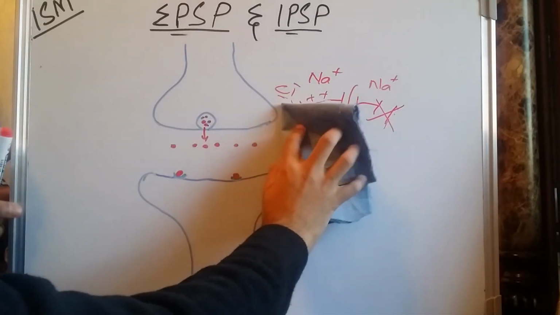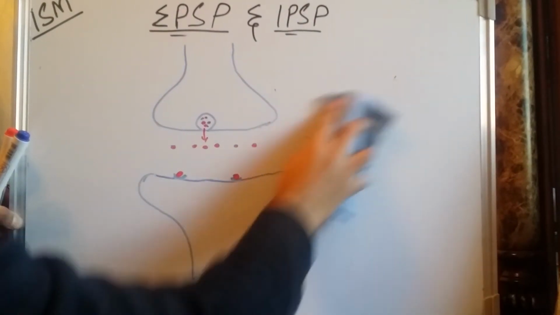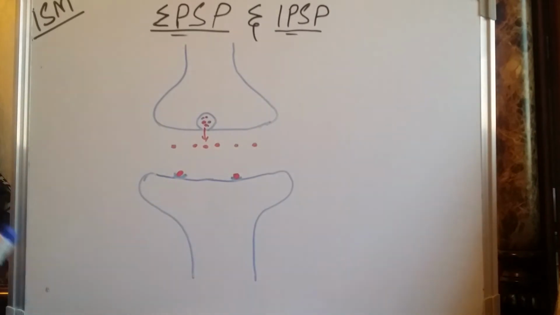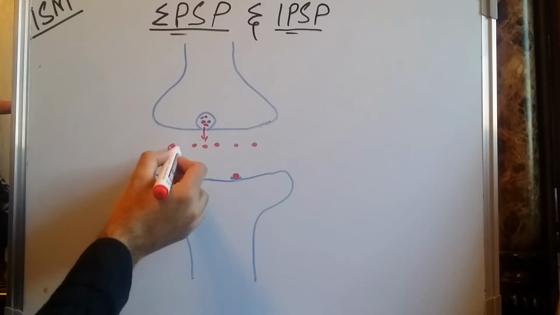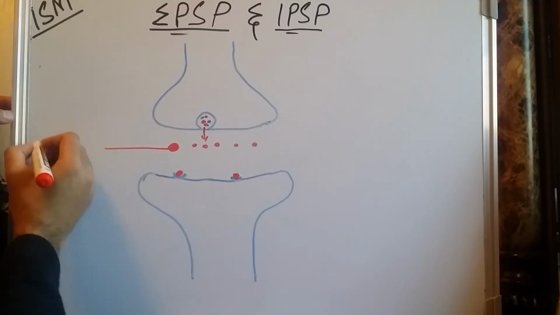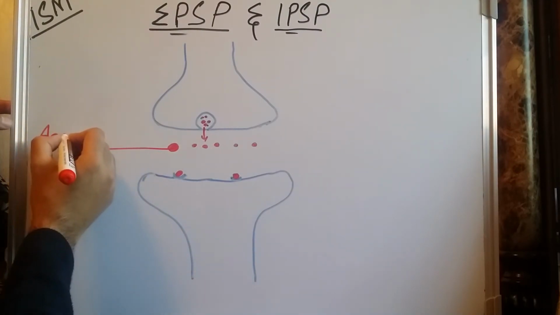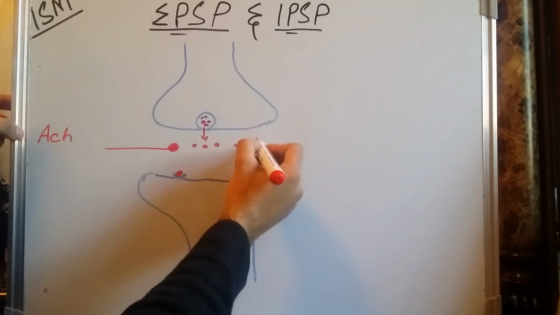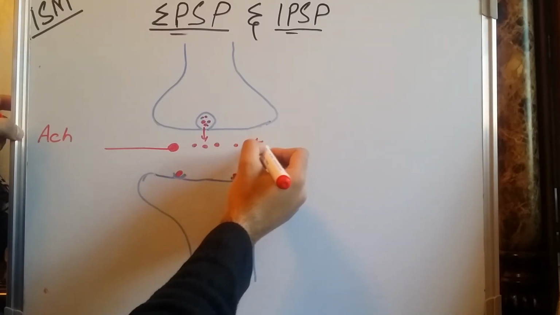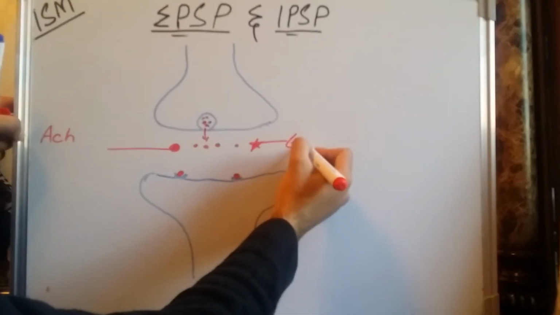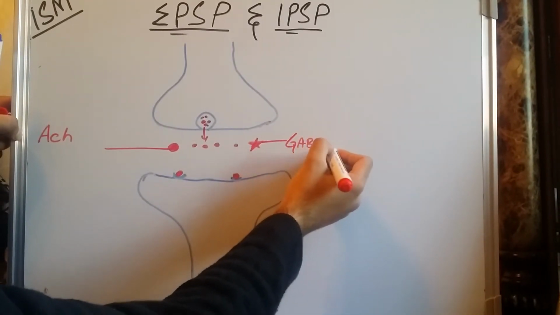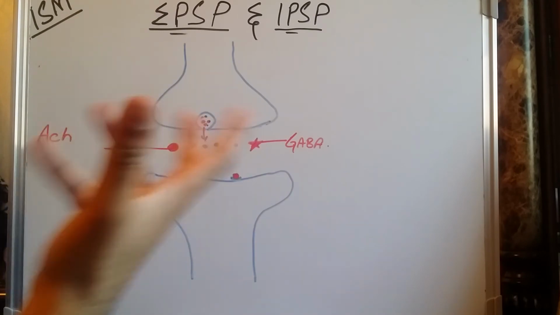The same procedure applies here. For example, I will consider this one acetylcholine and this one GABA. They will perform separate actions.